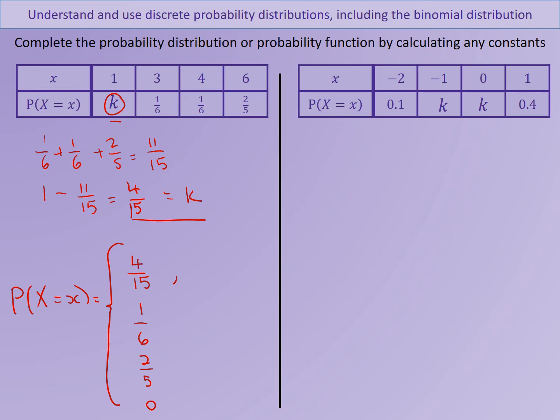When is the probability 4/15? When x is equal to 1. When is it a sixth? When x is equal to 3 or 4. 2/5 when x is equal to 6, and it is 0 otherwise.